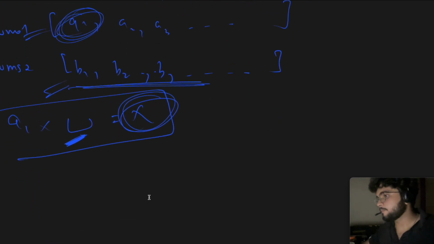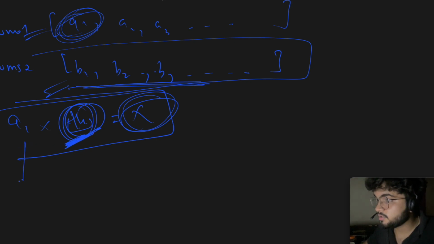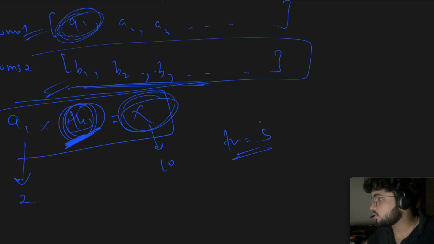Let's call this value threshold, and we need to find in this array values less than it. If let's say this is 2 and this is 10, the threshold will be 5. So we need to find all of the values less than or equal to 5, so that the product never becomes greater than 10.